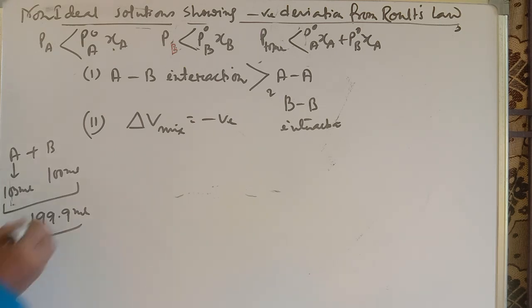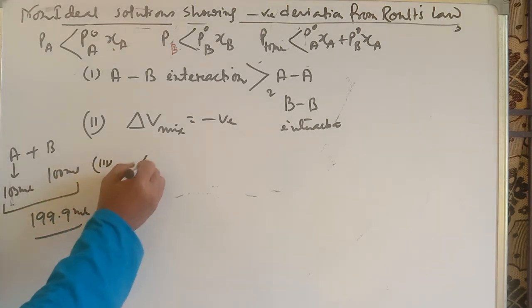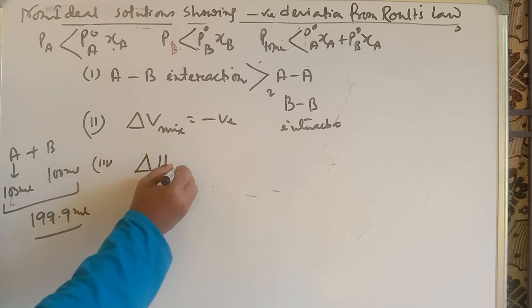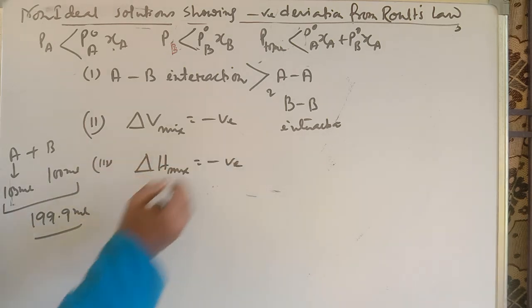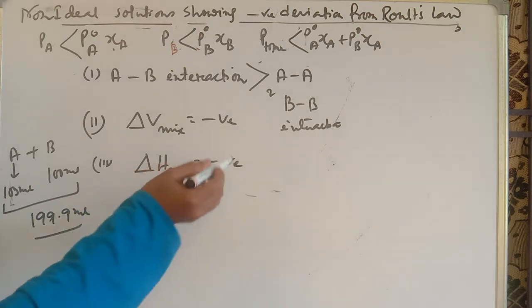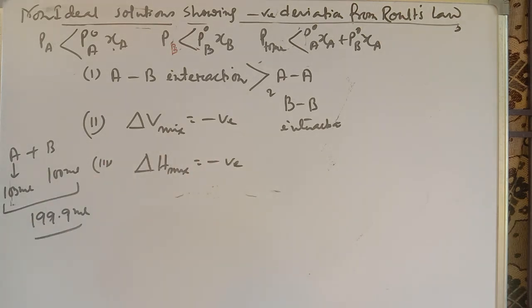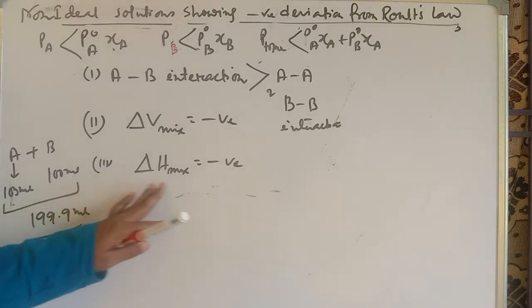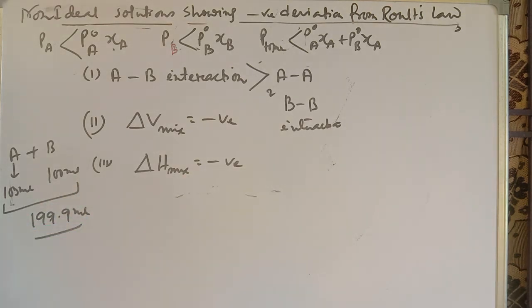That is negative deviation. Number 3, del H mix is negative. That is, heat should be evolved or released in such solutions. Or you can say the process should be exothermic. Del H negative means exothermic.